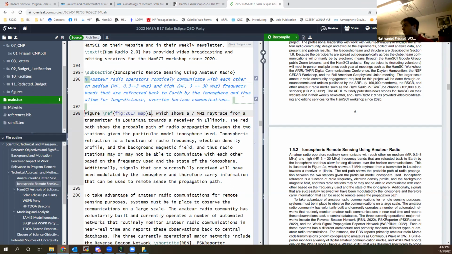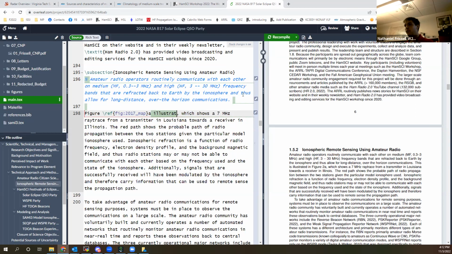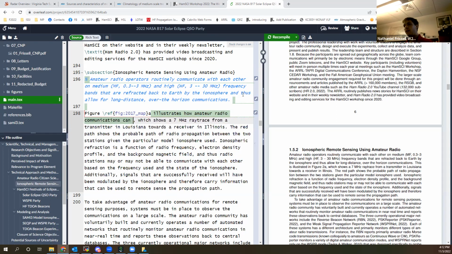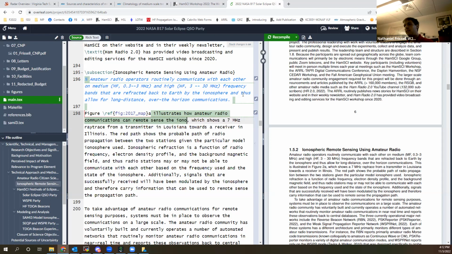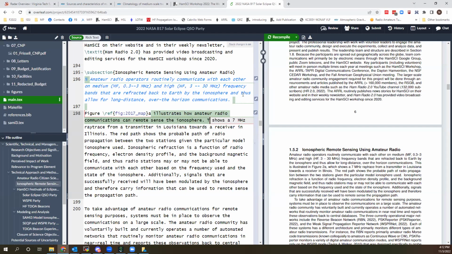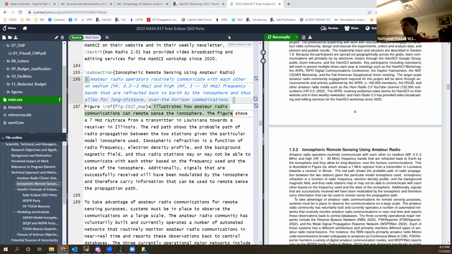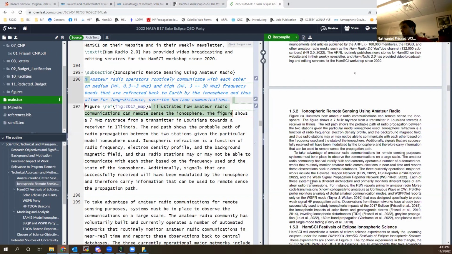What we say, figure 2A illustrates how amateur radio communications can remote sense the ionosphere, period. Yeah. The figure shows. So now it jumps a little bit more just straight into the point of the paragraph.